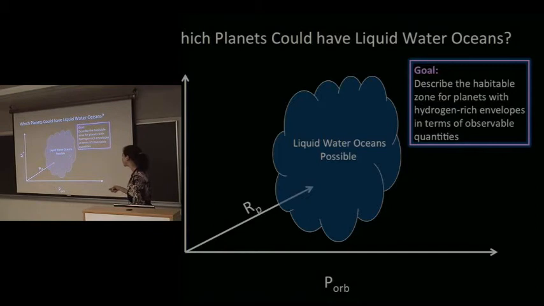And I want to place constraints based on observable exoplanet properties, mass, radius, and orbital periods, to constrain the parameter space where liquid water oceans might be possible. So this is my ultimate goal, and today I'll be telling you about some of the work I've been doing moving in this direction.